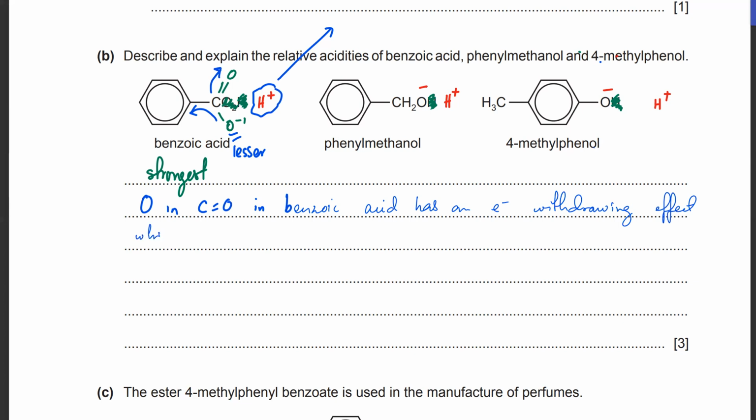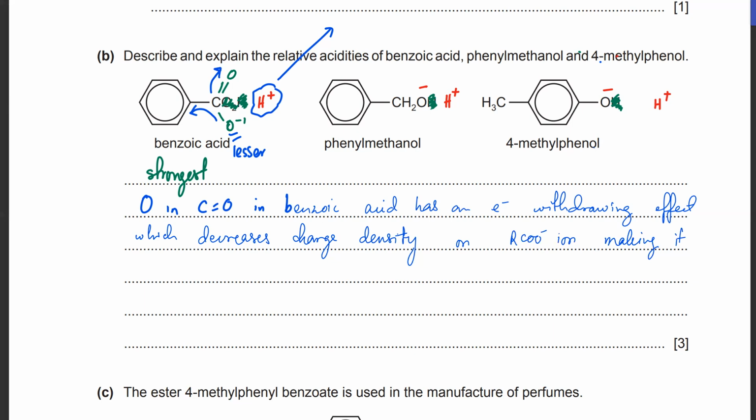Which decreases charge density. So it decreases charge density on the COO-1 ion, making it stable, which basically means it's not going to attract H+1, because the negative charge is going to be very less, because it gets withdrawn or pulled towards other things.